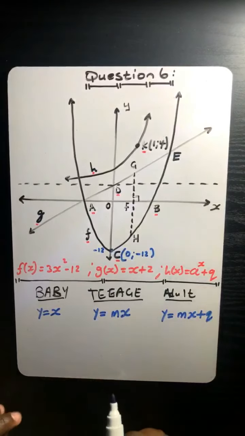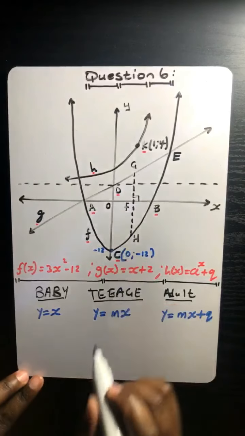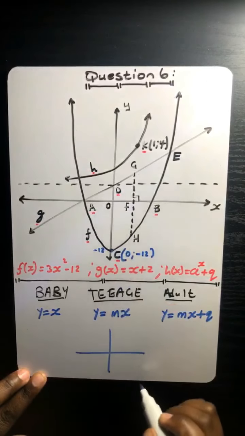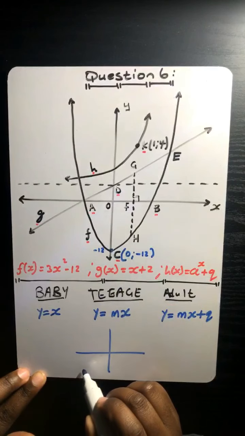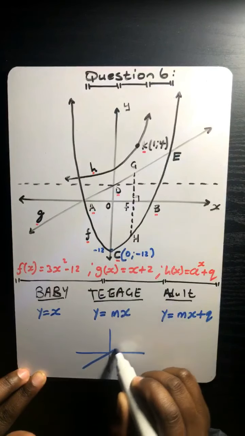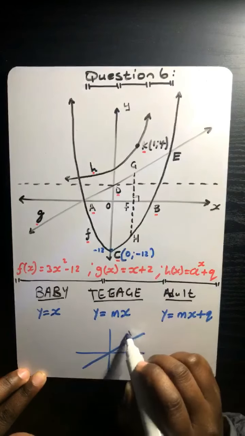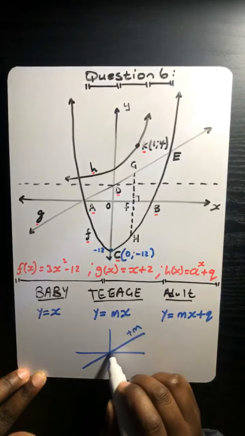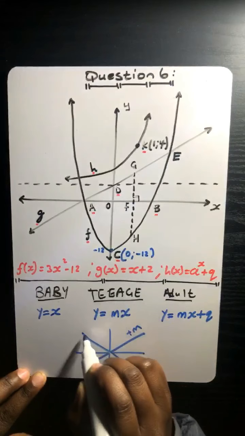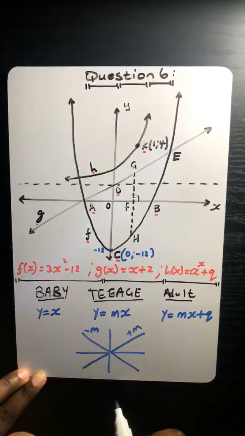Remember, a straight line on a Cartesian plane can go in that direction, in which case we say the gradient is positive. But if it's in that direction, it has a negative gradient.